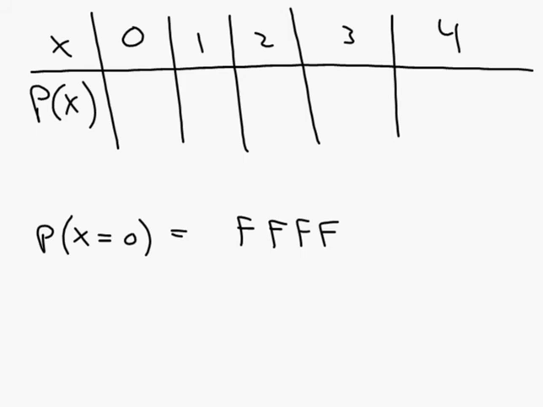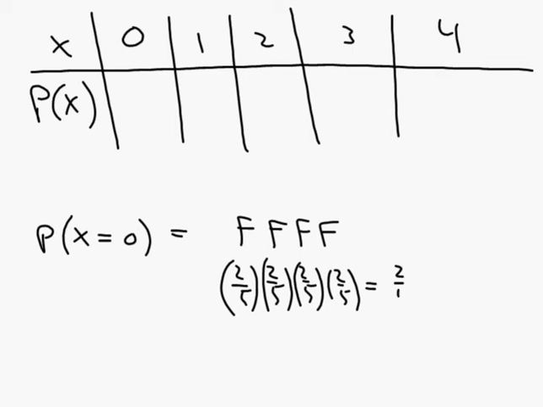Well, the probability of failure is 2/5 times another 2/5 times another 2/5 times another 2/5, or 2/5 to the 4th, which is 0.0256.